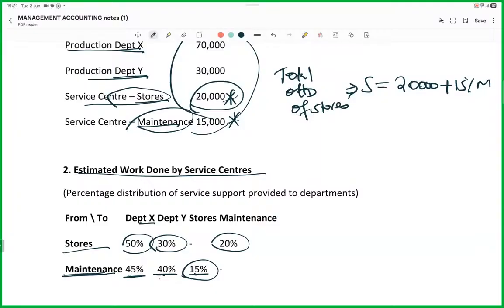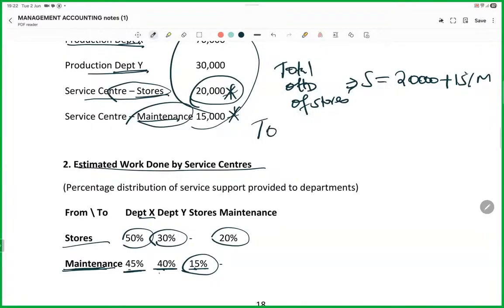We have to form how many equations? 2 equations. We must form 2 equations. Remember, total overhead must always be equal to the allocated overhead plus inter-services plus the percentage of service it is getting from the other department. If you are following, would you kindly write for me the formula for total overhead of maintenance?